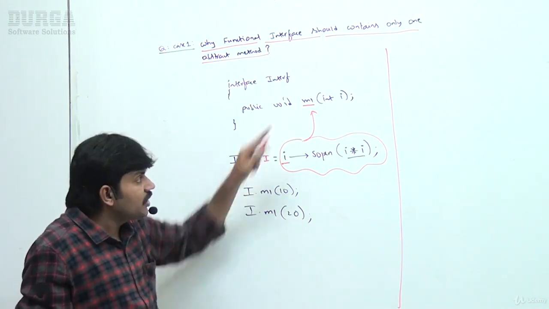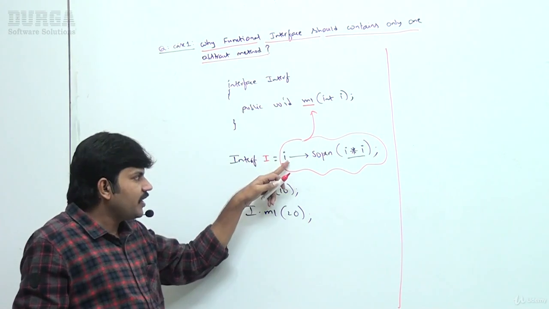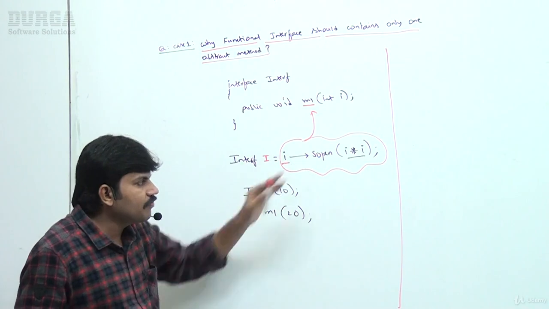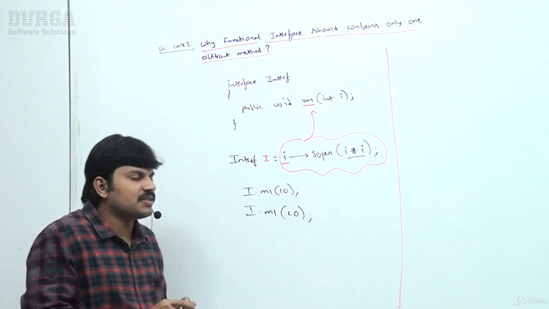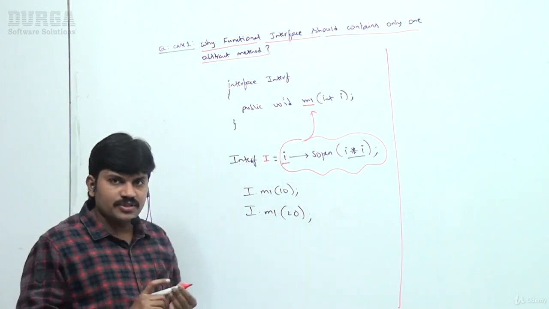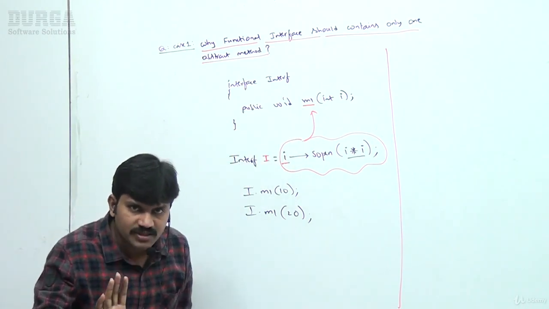Mapped to the M1 method. So what is the type of I? I is the argument of which method? What is its type? What is the implementation? Everything my compiler is always going to map to the functional interface's single abstract method, right? Everyone can understand, right?